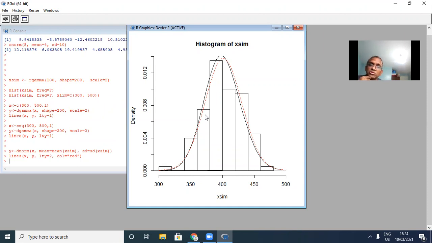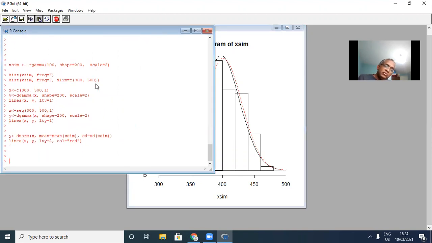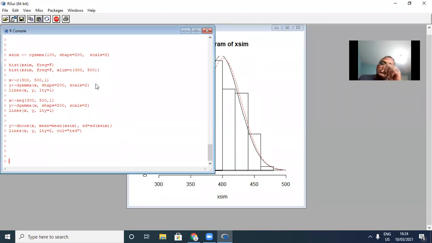Now, to show you this, let me give you an example where the normal distribution is not a good fit to the histogram. This example that I'm going to give you is not in the tutorial sheet, so it's something that I made up myself, right? So let me take you through this.